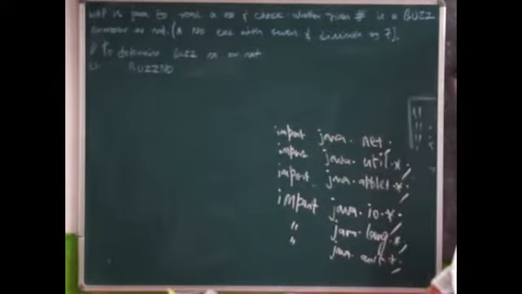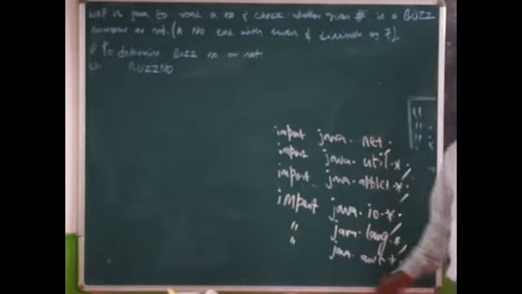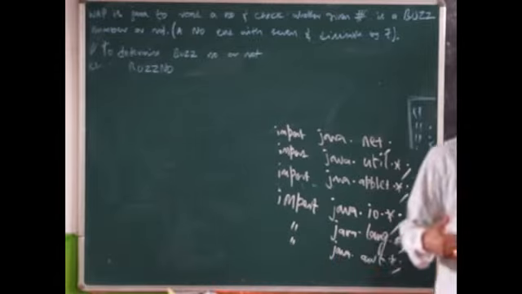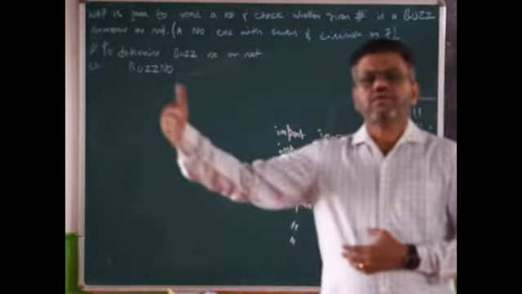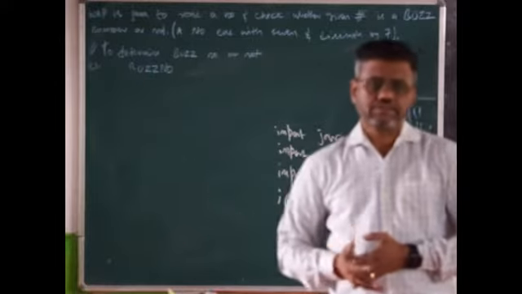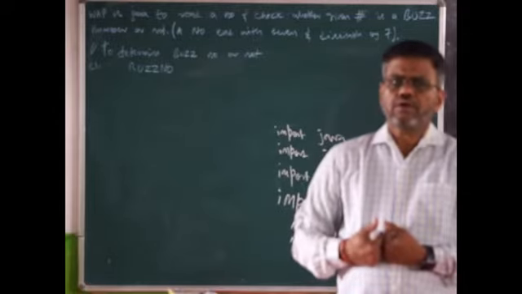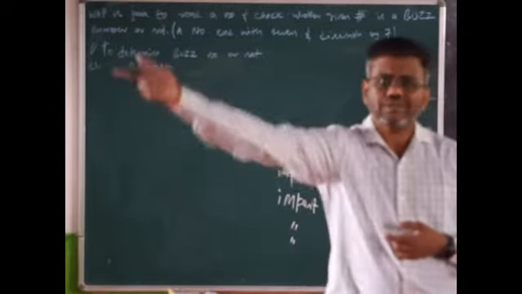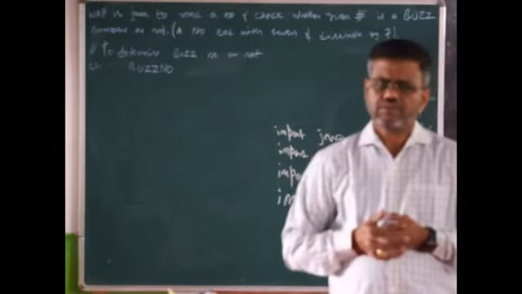What do you mean by standalone? You write a program which gives the answer on your computer, and it doesn't even go to a computer connected on the network. Otherwise, I write a program here whose result will go to some other computer system connected through the network.